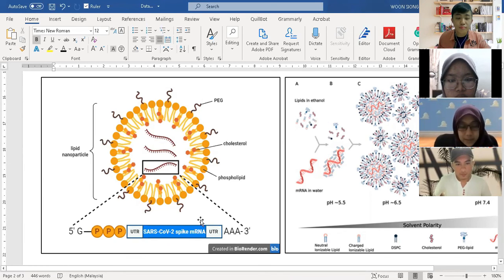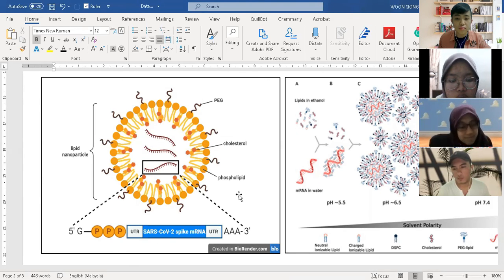Another thing, as you can see, is that we have PEG, cholesterol, and phospholipid in the lipid nanoparticle. They also act as stabilizers for the nanoparticle to maintain its shape and give it a longer lifespan.